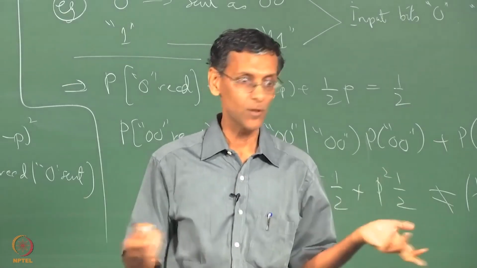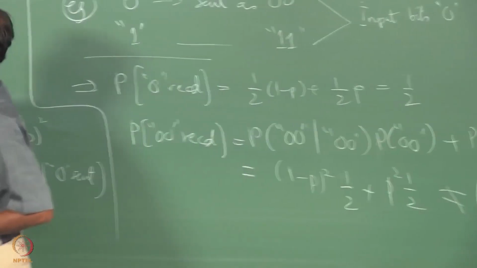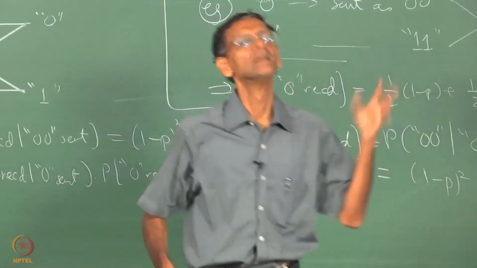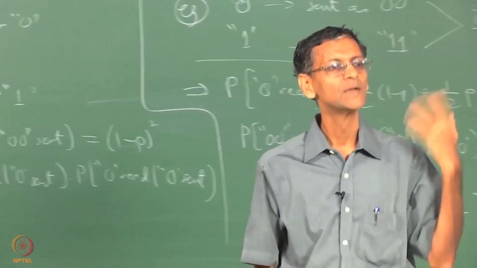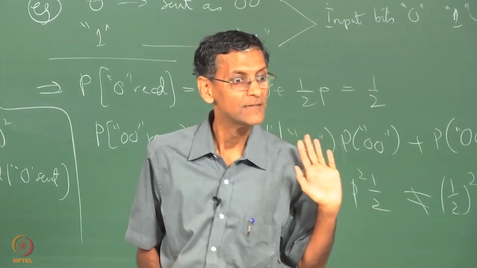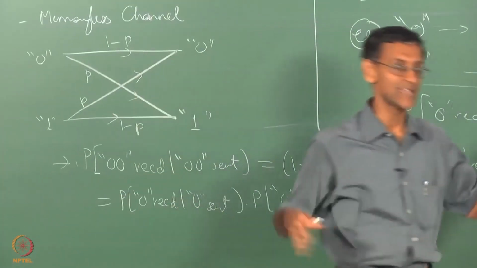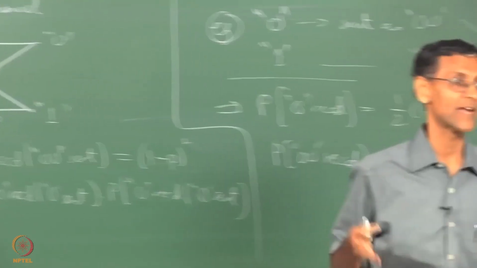The channel does not know about the coding. The coding is done independently of the channel. The same channel is used for all the coded bits independently. So that is a conditional independence which is imposed by the channel. It is a memoryless channel.